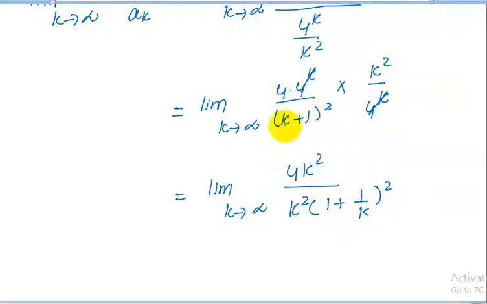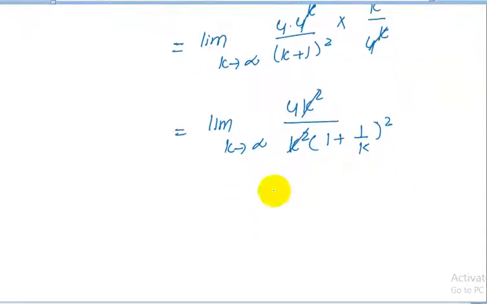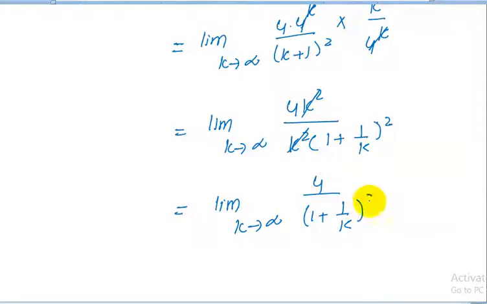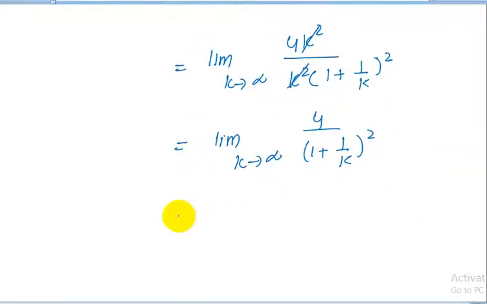So k square cancels out, and this limit is equal to limit k approaches to infinity 4 upon (1 + 1 upon k) whole square. Now after putting the limit, it becomes 4 upon (1+0) whole square, which is equal to 4.